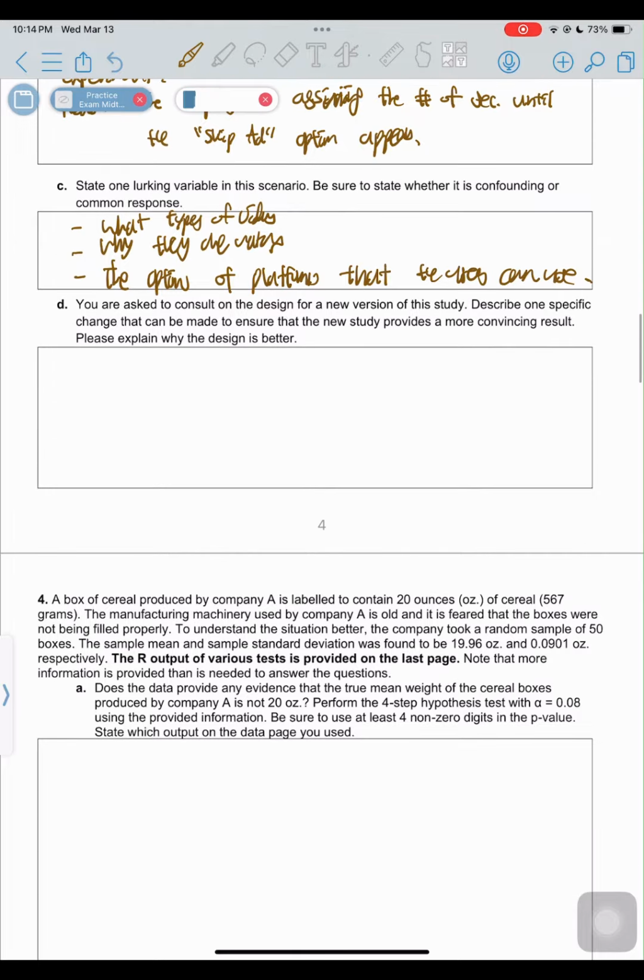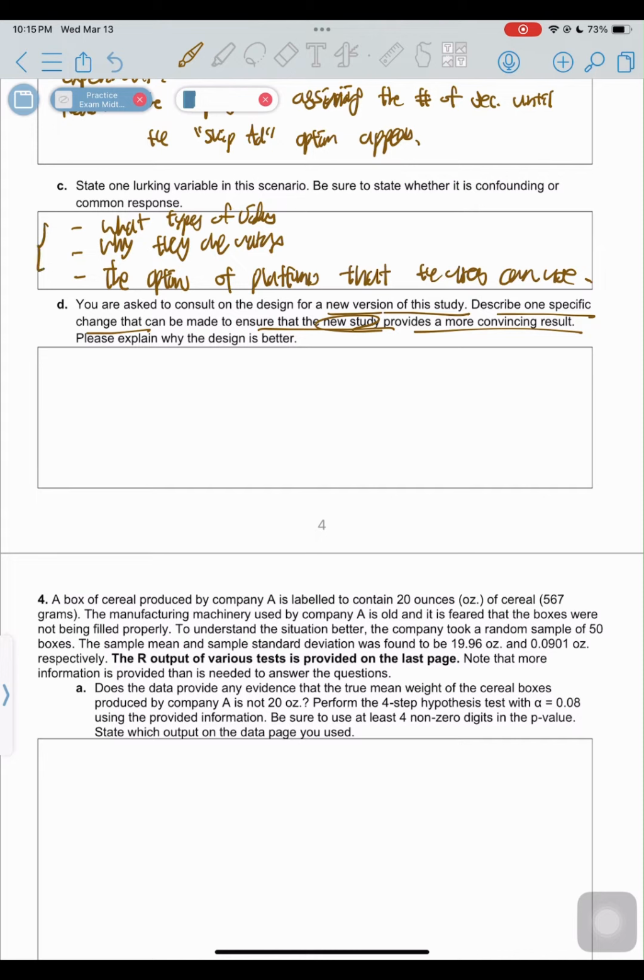Right. And then part D is asking, you're asked to consult on the design for a new version of this study. Describe 1 specific change that can be made to ensure that the new study provides a more convincing result. Okay, so you can use any of this lurking variable to do that.